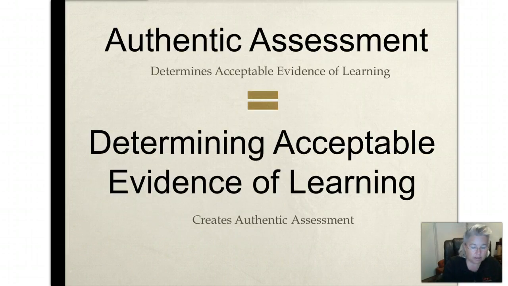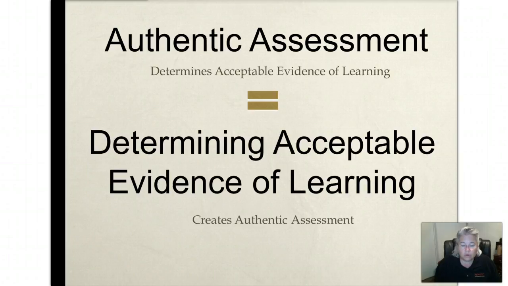And speaking of authentic assessment, the second phase in backwards design is determining acceptable evidence of learning. So how will you know if your students have achieved the desired results that you want as proof of acceptable evidence of learning? Wow, that's a mouthful.